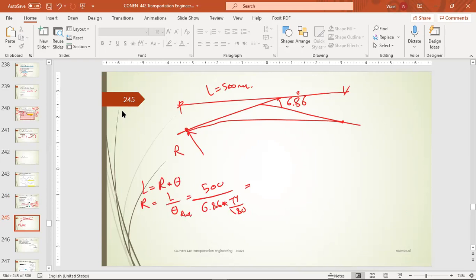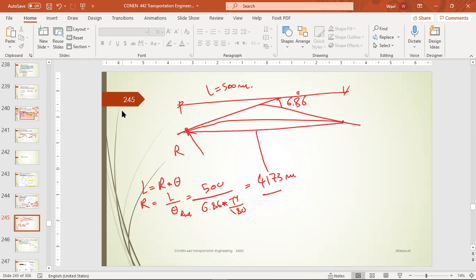So the radius in this case would be 4,173 meters. That's R.